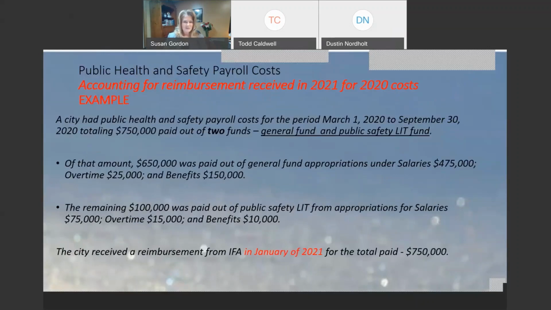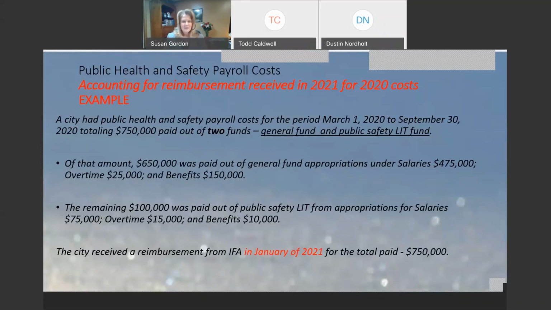So we'll just go through an example. A city had public health and safety payroll costs for the period of March 1 to September 30th, totaling $750,000 that was paid out of two funds, the general fund and the public safety LIT fund. Of that amount, $650,000 was paid out of the general fund appropriations under salaries for $475,000, overtime $25,000, and benefits of $150,000.